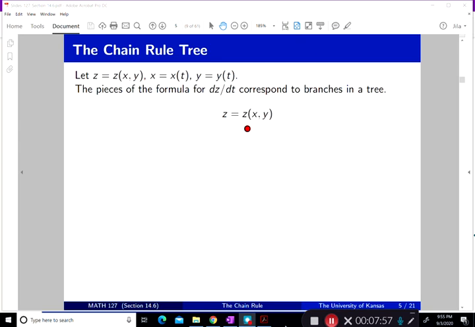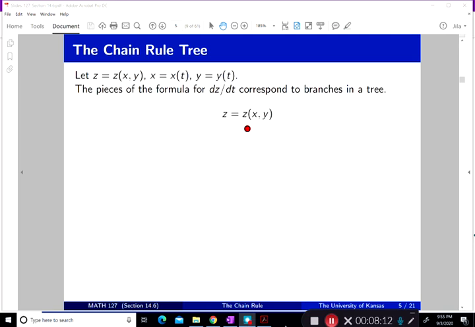We start a concept called the chain rule tree. Right now, with the first chain rule that we learned, it's not difficult to figure out what terms to write.